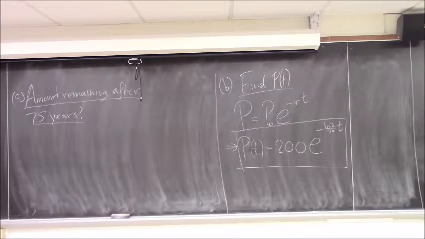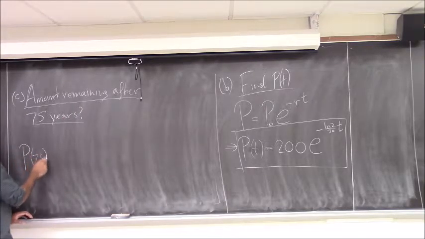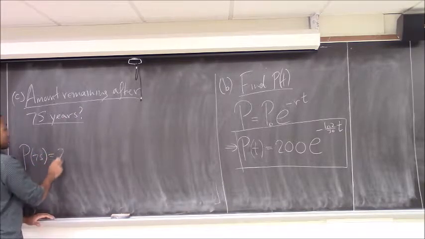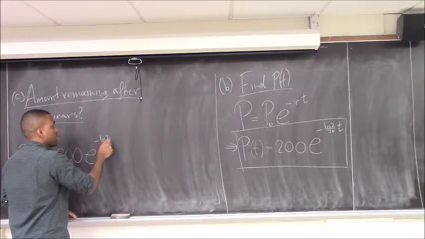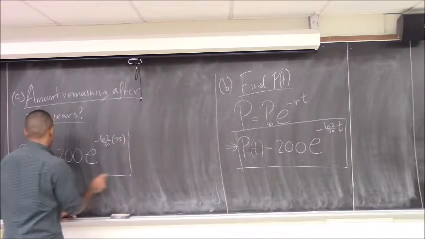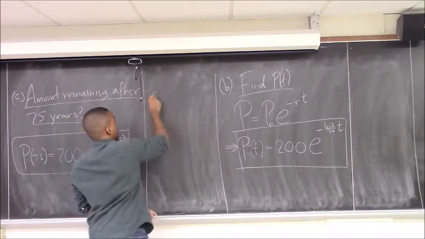Just plug in t equals 75. This is just asking for P of 75. t is measured in years, so that's going to be 200 e to the minus ln2 over 30 times 75.